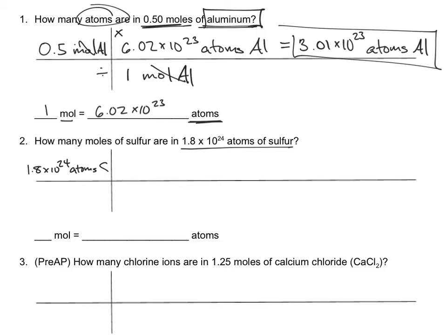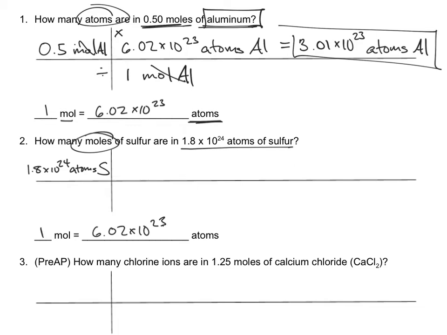And we got to convert that to moles. So what you do is you use your conversion factor: 1 mole equals 6.02 times 10 to the 23rd atoms, according to Avogadro's number.